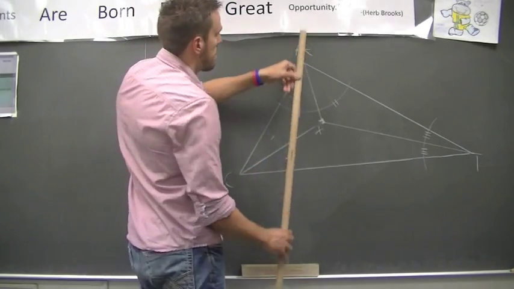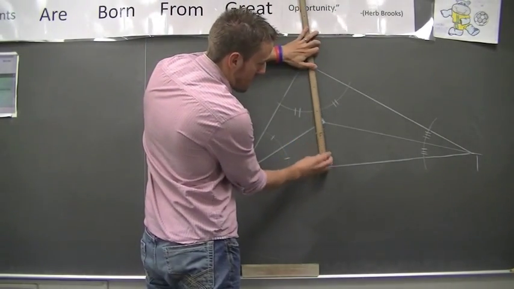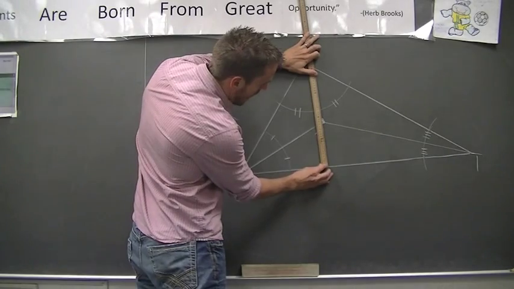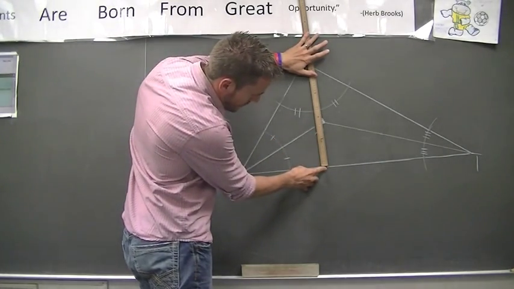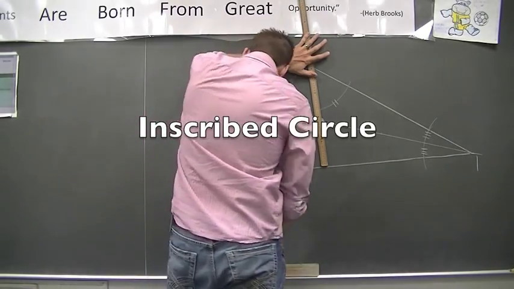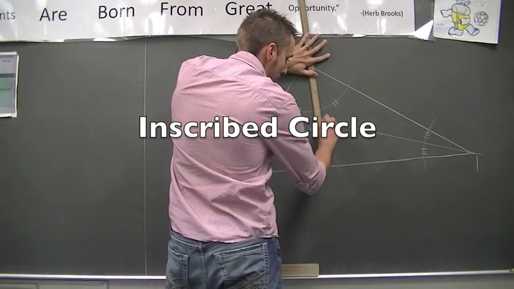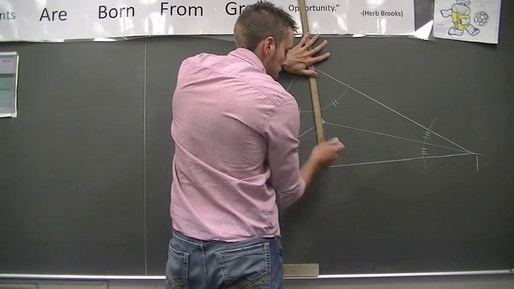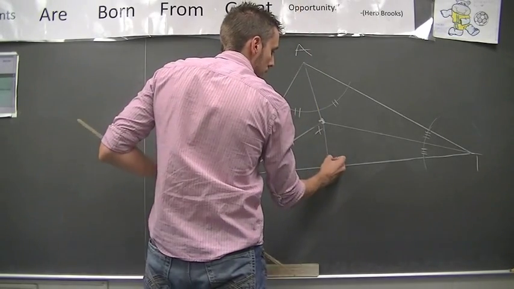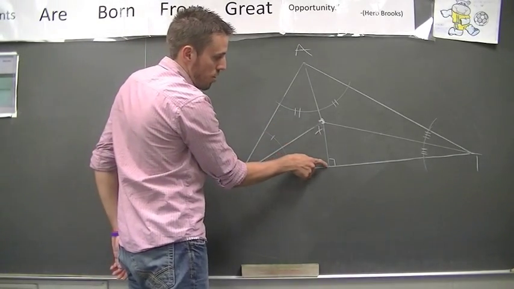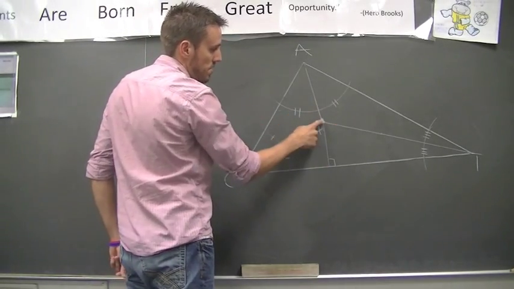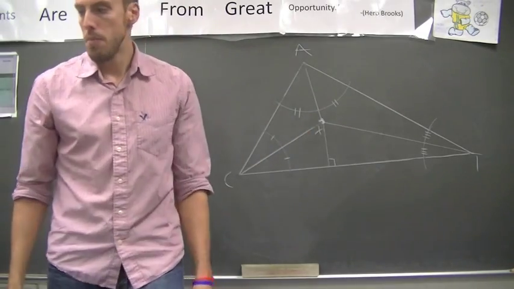So I'm going to do the easy one. I line up the incenter with the side here, and I draw a line because, again, it has to be perpendicular. Now, if I did everything correctly, this distance here should be the exact same thing as this distance here and this distance here. But that's the incenter.